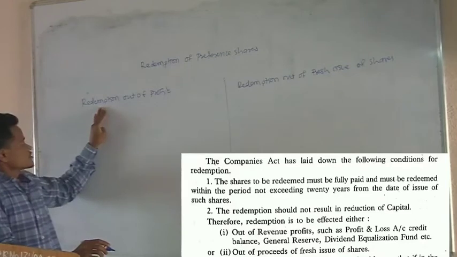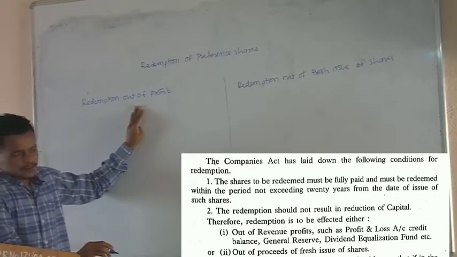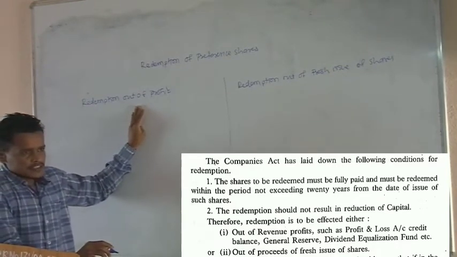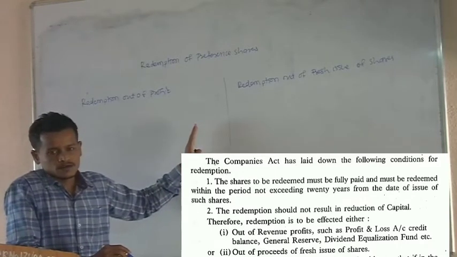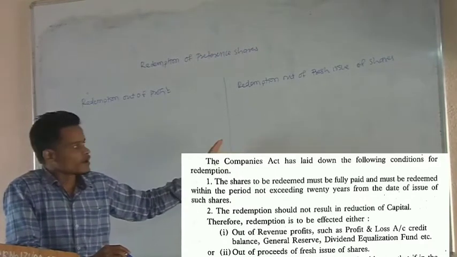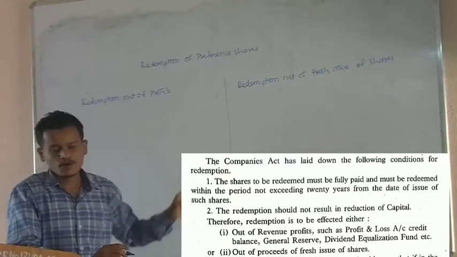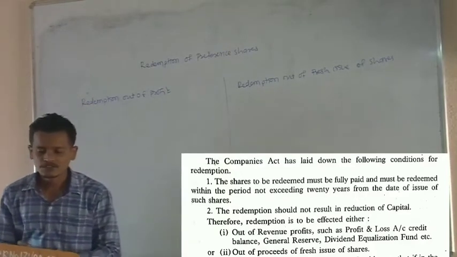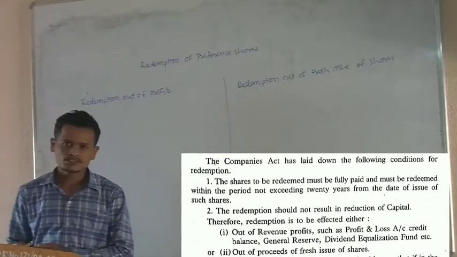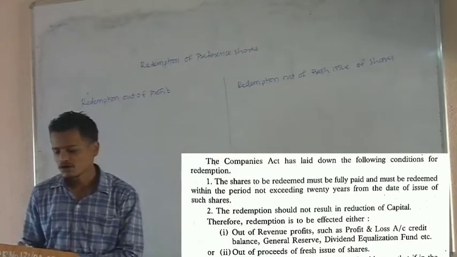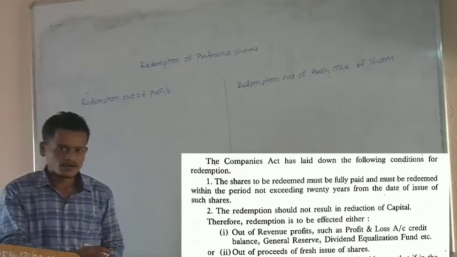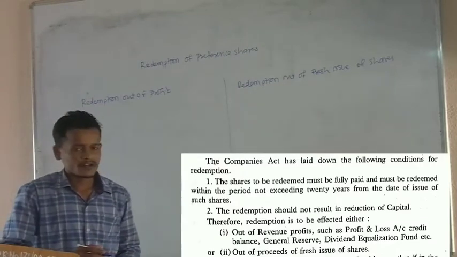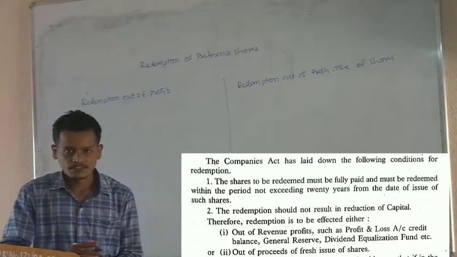If there is a redemption out of profit, it means the organization has sufficient profit to redeem the shares. Out of that profit, the profit and loss account credit balance is used, general reserve is used, or dividend equalization fund can be used to redeem the preference shares.